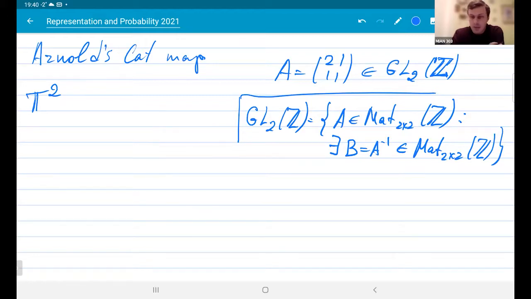But this is quite an awkward definition. The determinant of this inverse is, of course, the inverse of the determinant. And if this inverse is also an integer matrix, then of course it has an integer determinant. Thus, we can see that if some matrix belongs to GL2(Z) or GLN(Z), then its determinant is invertible in Z, so it is plus or minus 1.